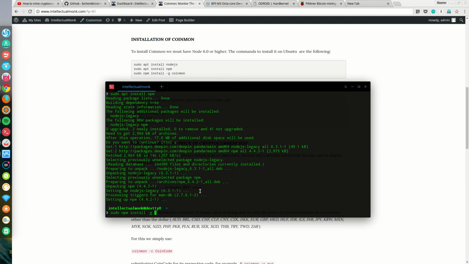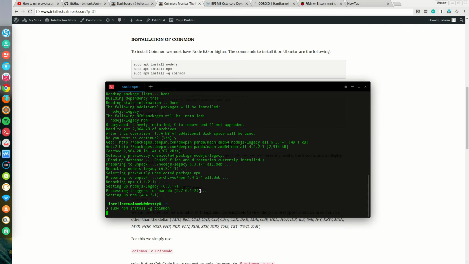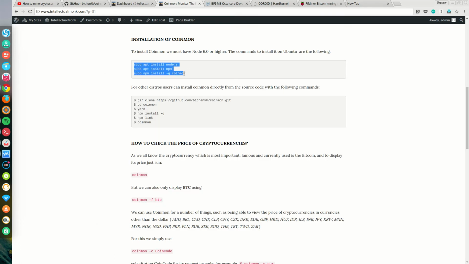So our last command is sudo npm install -g Coinmon. So Coinmon is installing. These are the commands if you are running a Debian, Ubuntu or any Debian based or Ubuntu based system.